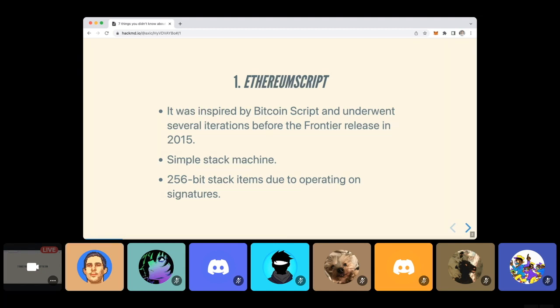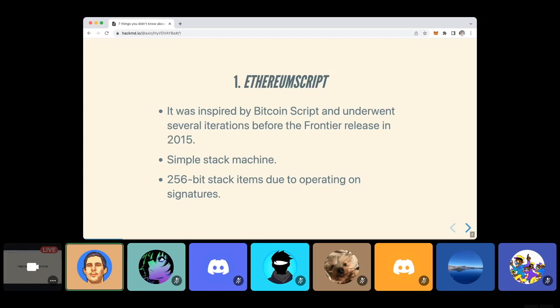It is a simple stack machine, and it has 256-bit stack items, which is a legacy coming from Bitcoin, where the main point of Bitcoin script is to validate signatures, basically. And that is the reason the EVM is 256 bits as well.